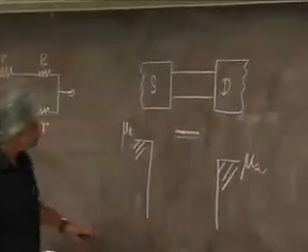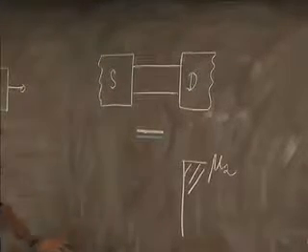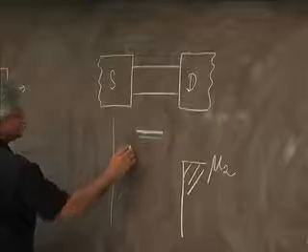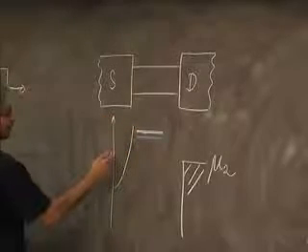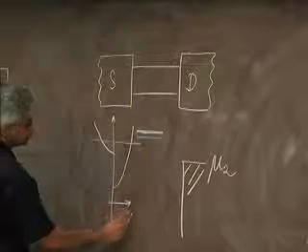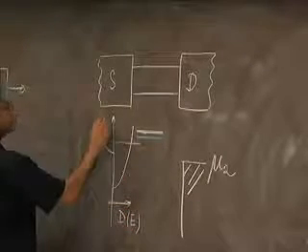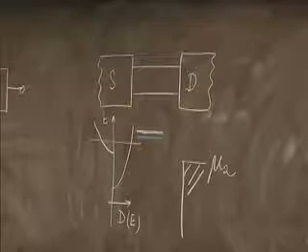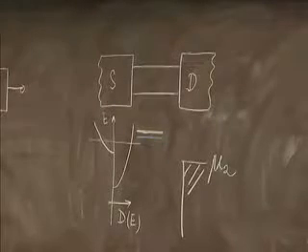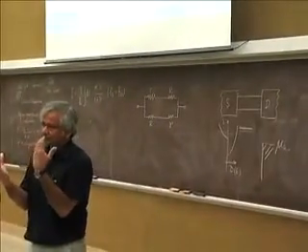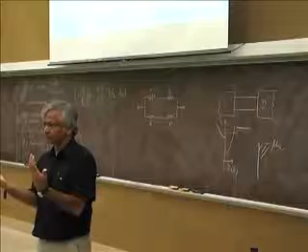Now, one point, if you remember, that we had in the contacts, I drew the density of states like this. And of course, all the interesting effects that we are talking about in spin valves, etc., come from the fact that you can do something a little different for one spin than for the other.